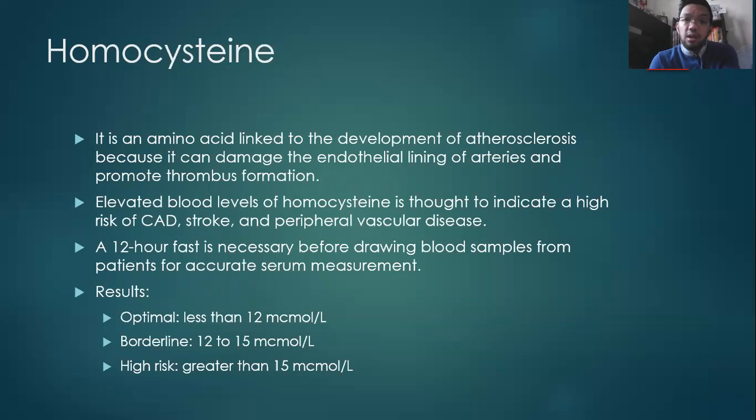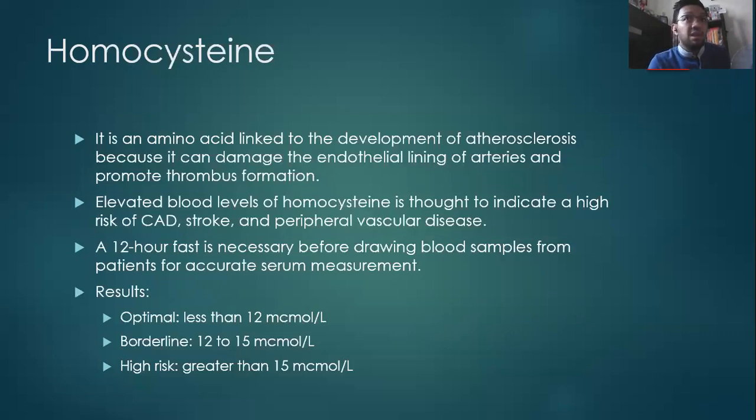And if this one is high, it can damage it and it will promote thrombus formation. Anything that damages the inner lining of the artery, the immediate response of the blood there is to control the damage by creating blood clots through thrombus formation.